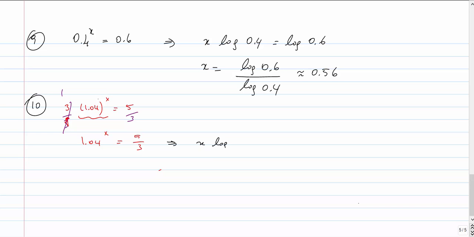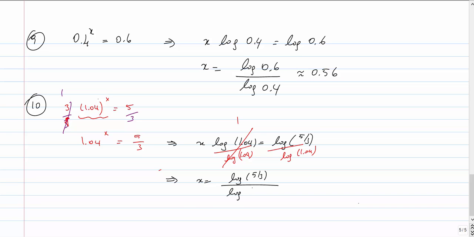So x log 1.04 is equal to log 5/3. Then I'm going to divide both sides by this value to isolate x. So x is equal to log 5/3 over log 1.04. You should be able to get the value 13.02.